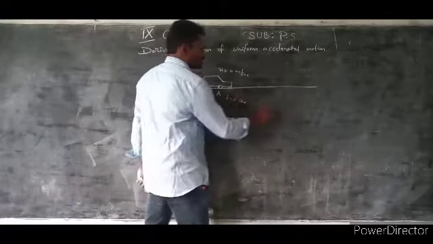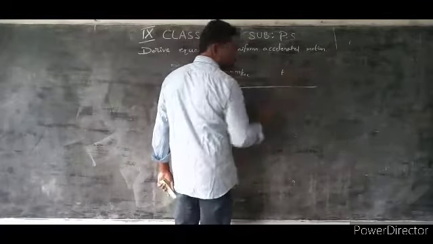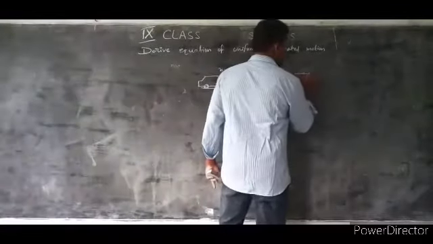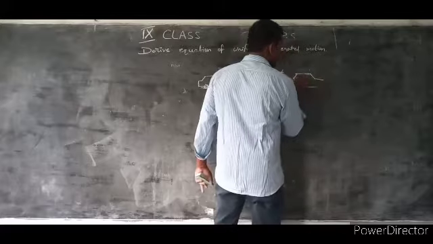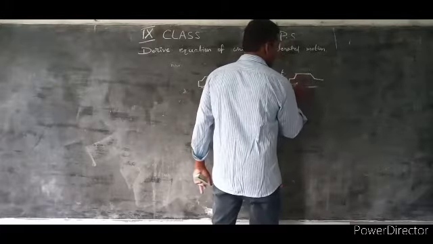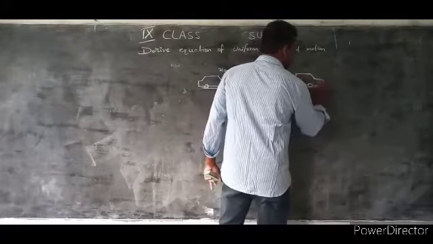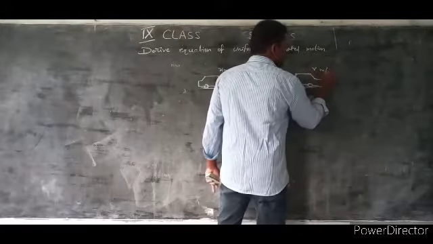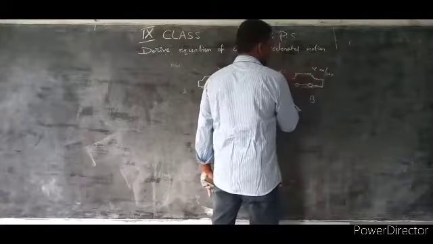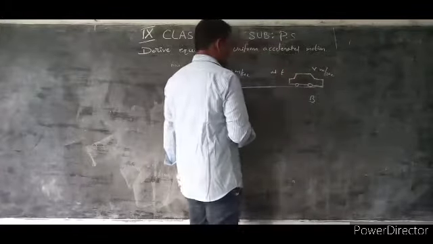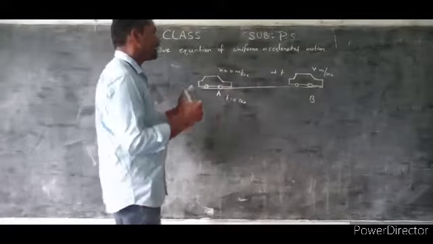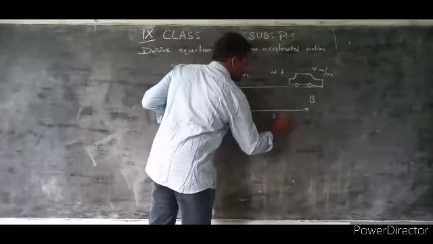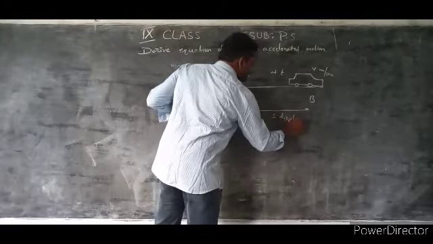After t seconds are completed, the car reaches point B. At point B, the final velocity of the car is v meter per second at t seconds. The car covers some displacement, that is s, the displacement.